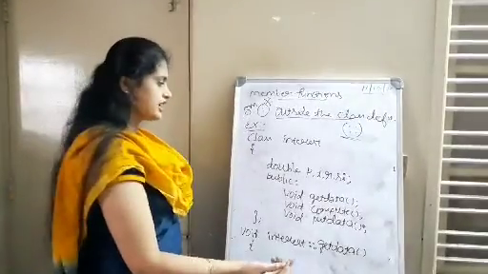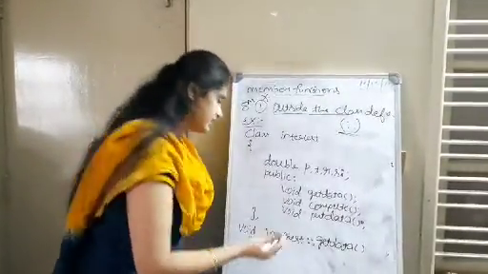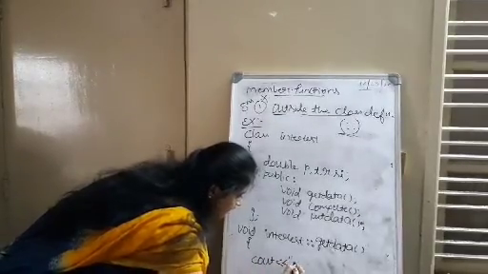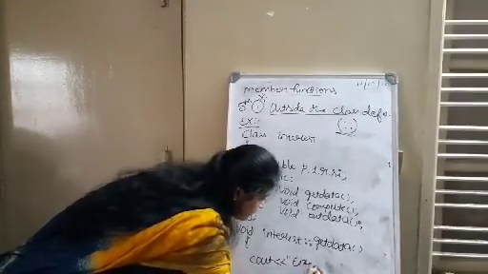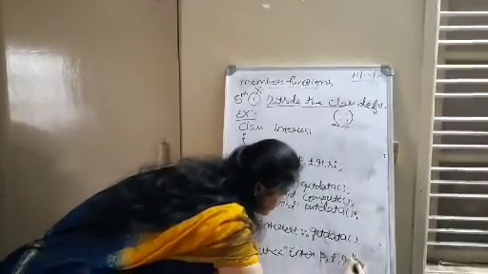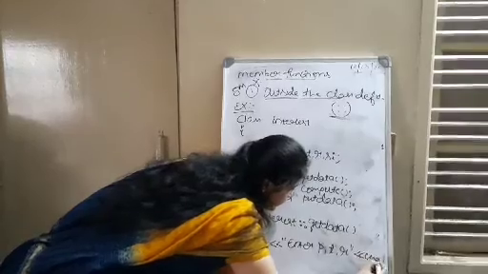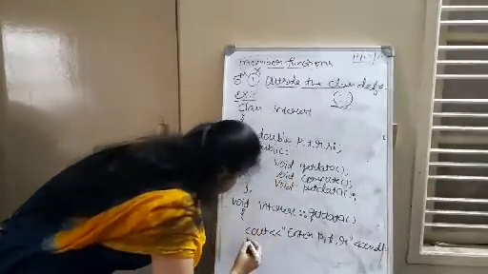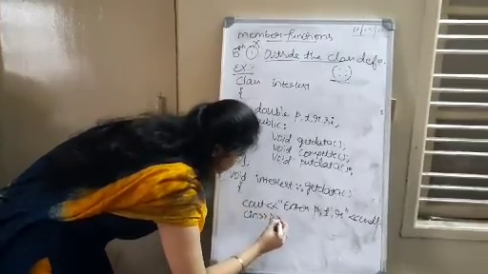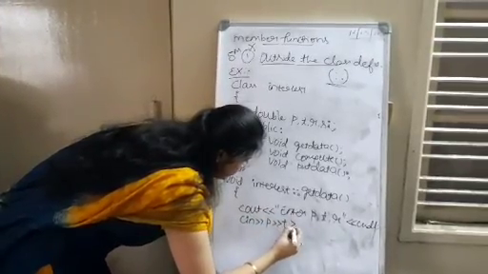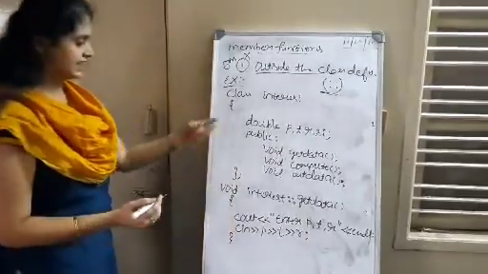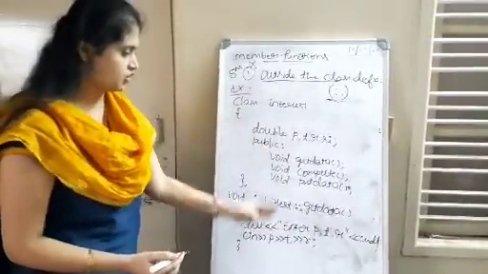To accept variables, again the same: cout, enter principal, time, rate, then endl at the end. Then cin, a statement you use to accept the variables P, T and R. So this is how you expand a member function outside the class.